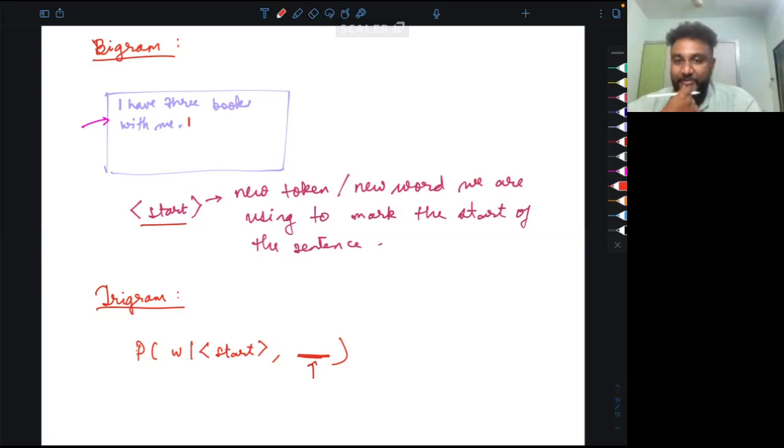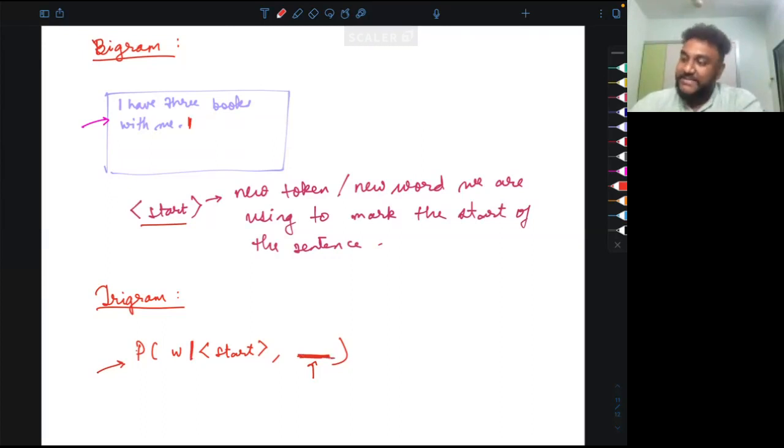What's the simplest solution? Can I not just put the start again? What do you guys think? Are you guys seeing the problem first of all? I'll explain again. My cursor is over here. I want to predict the next word. I need to find the maximum probability. Now, when I'm doing a trigram model, the conditional probability will look like this: probability of word given start comma blank.